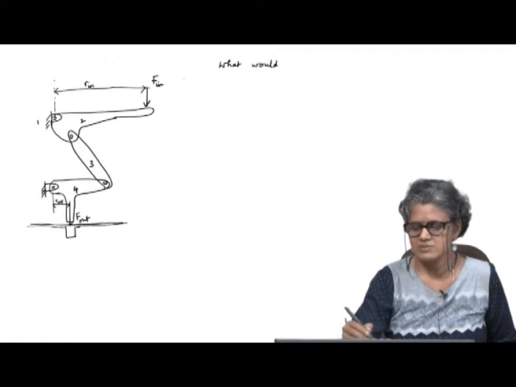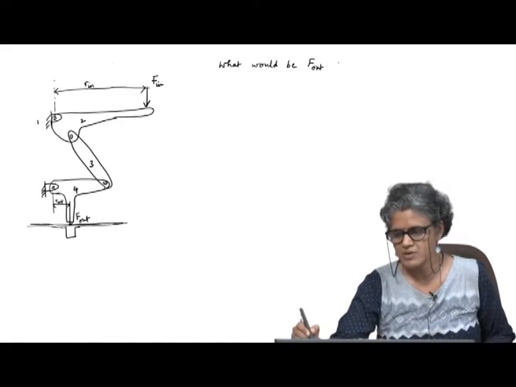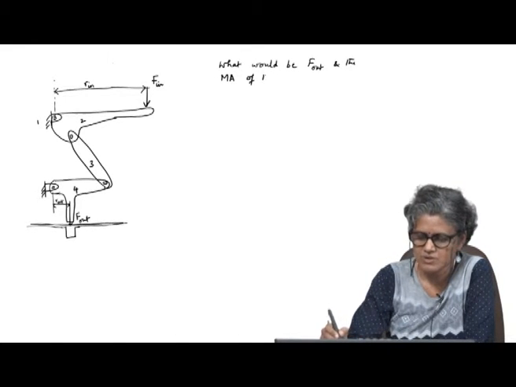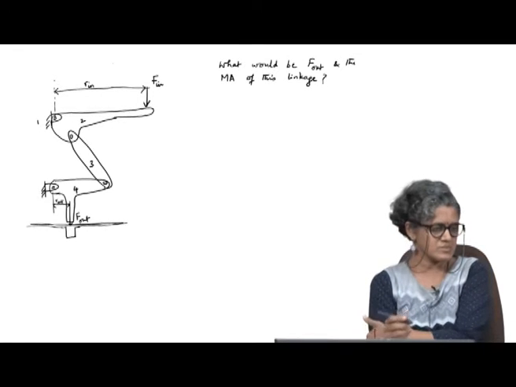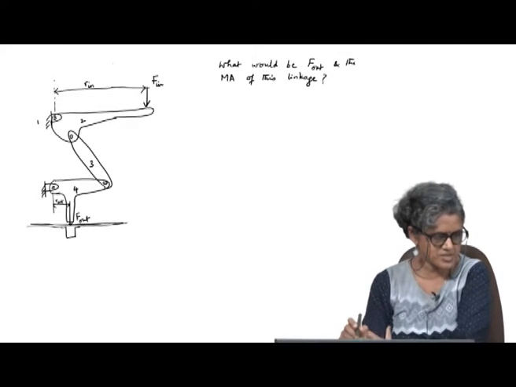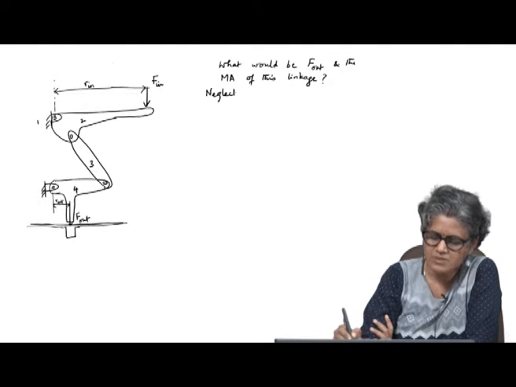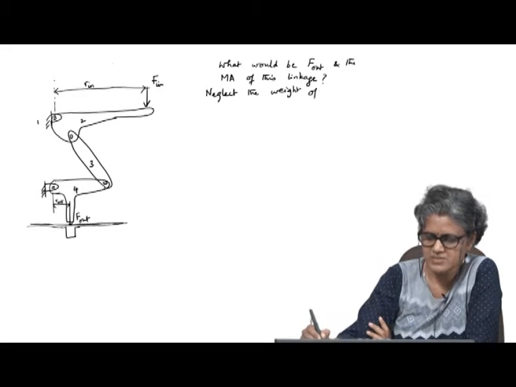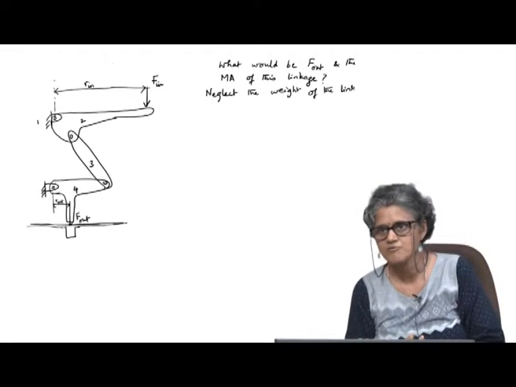So, given the geometry of this linkage, what would be F out and the mechanical advantage of this linkage, given some dimensions. Okay, let us say we neglect the weight of the links, because otherwise there will be losses due to the inertia of the links themselves.